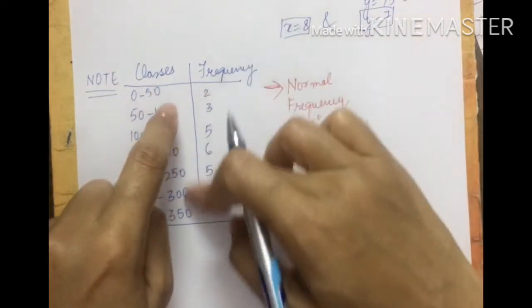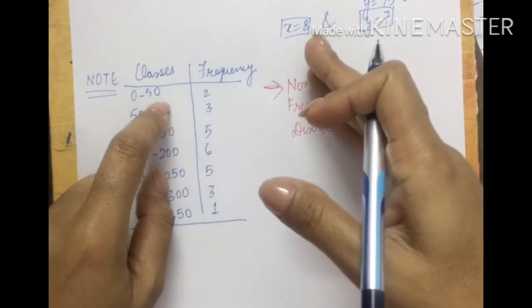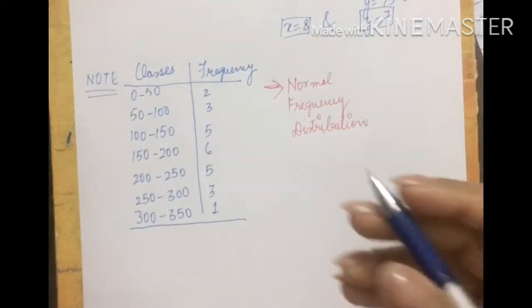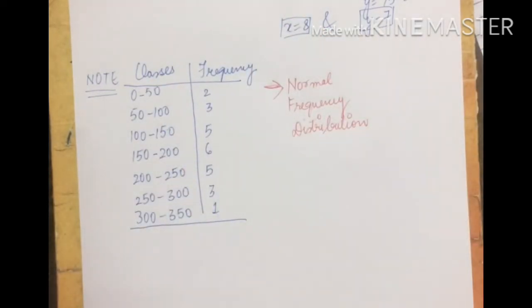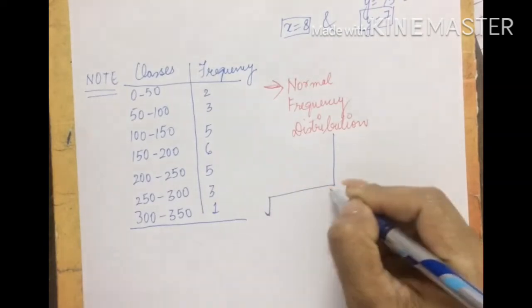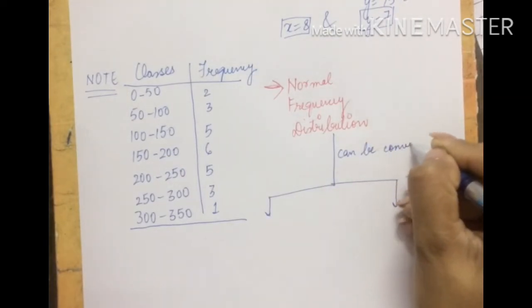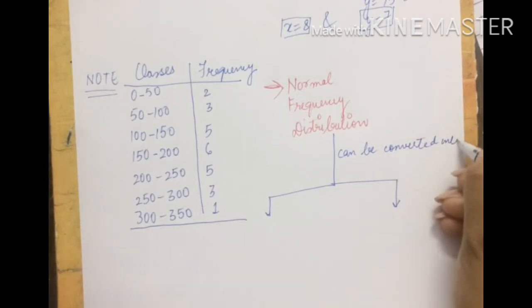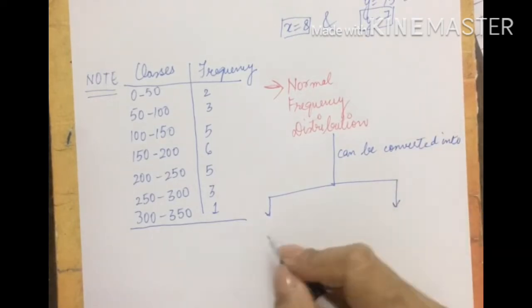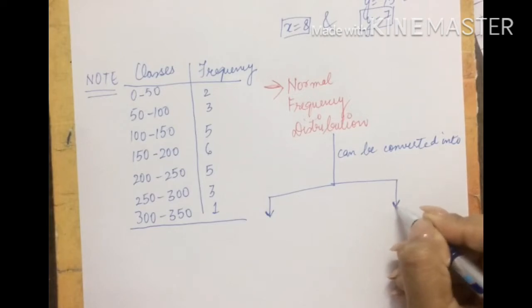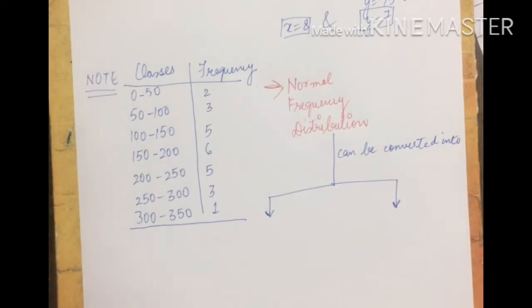So from this frequency, once we obtain the cumulative frequency, it can be done in two ways, and those two ways actually give you two different types of frequency distributions. So your normal frequency distribution can be converted into two types of cumulative frequency distributions.